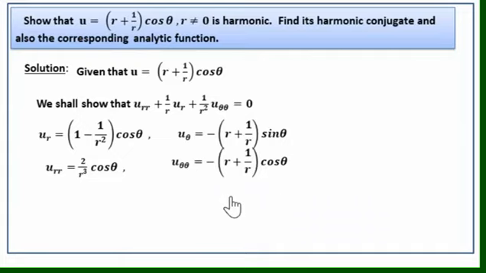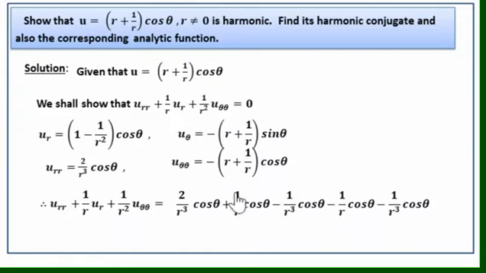Next we substitute these in place of the partial derivatives in the left hand side. Substituting for u_rr, we have 2 by r cube cos theta. Then the second term we have 1 by r times u_r, so multiply this expression by 1 by r. So it becomes 1 by r cos theta minus 1 by r cube cos theta.